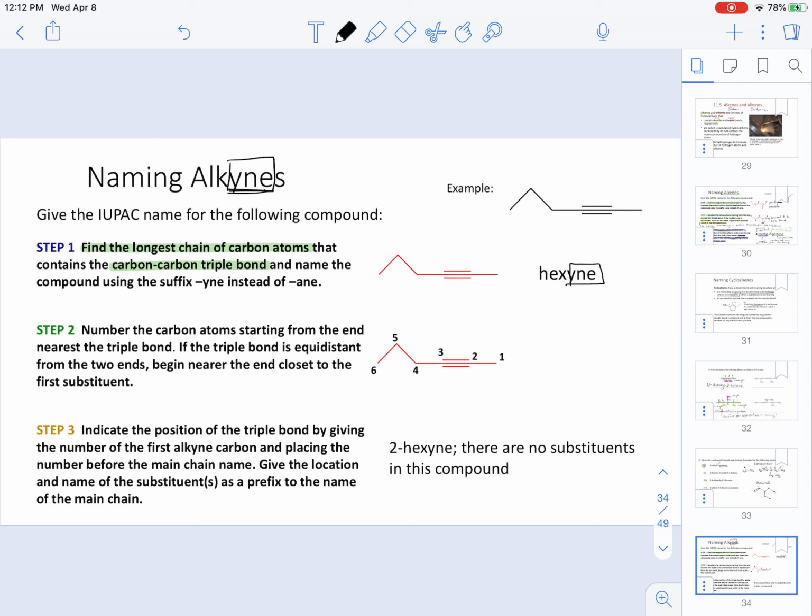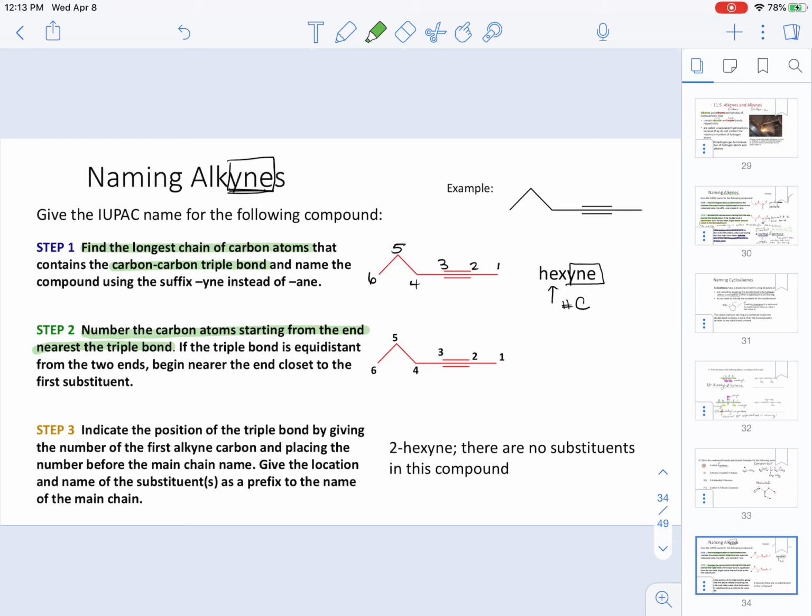The other way to do it is to say, okay, this hex represents the number of carbons in my longest continuous chain that includes the carbon-carbon triple bond. So, understand that given this skeletal structure, this is carbon 1, 2, 3, 4, 5, and 6. Now, as you can see, we are going to be numbering the carbon atoms starting from the end that is nearest the triple bond.